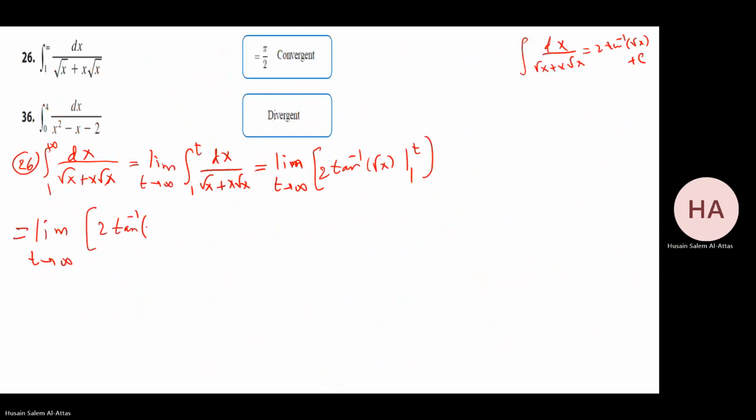That is 2 tan inverse square root of t minus 2 tan inverse of 1.